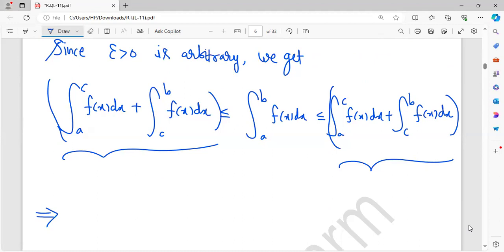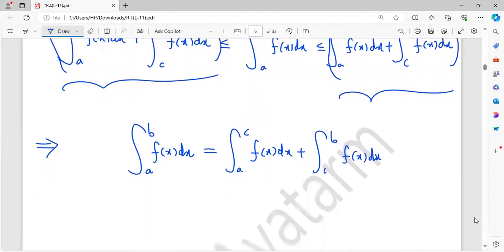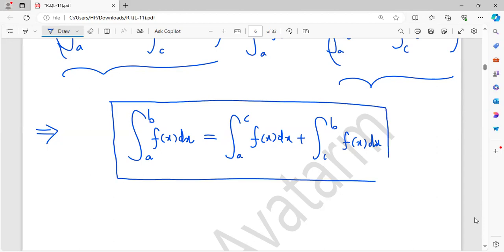It means they are equal. So the theorem is proved.